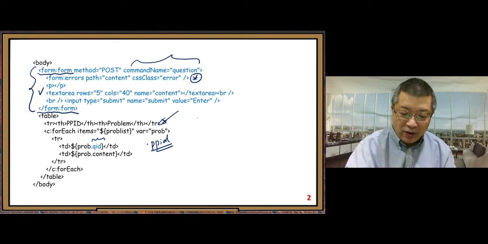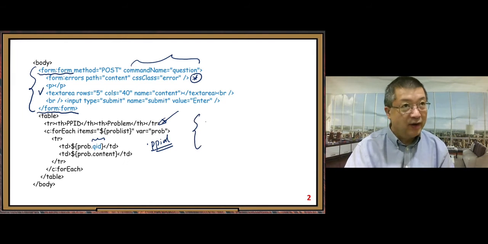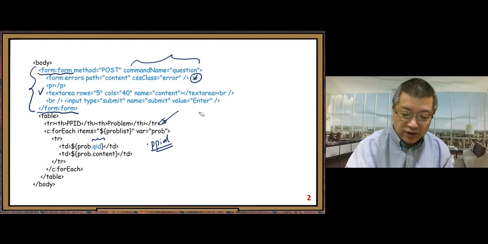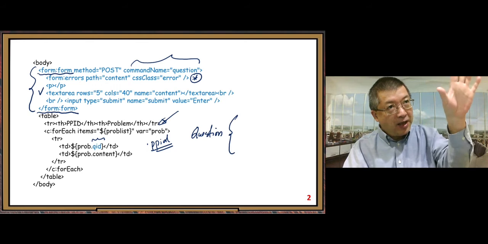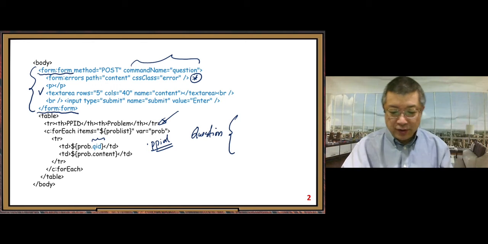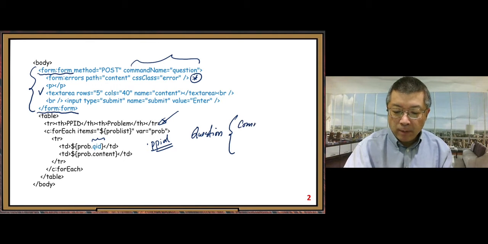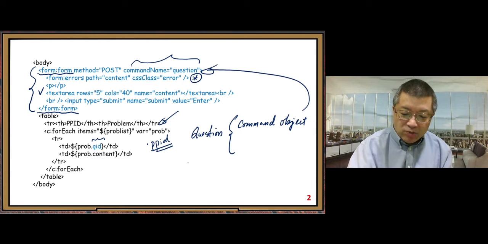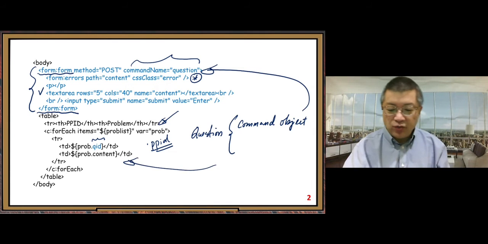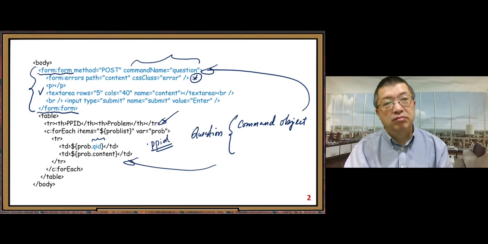Remember our Question Java class. It plays two roles. The first one is the command object. So that's this place. But when we display a list of questions, we also use that question object.